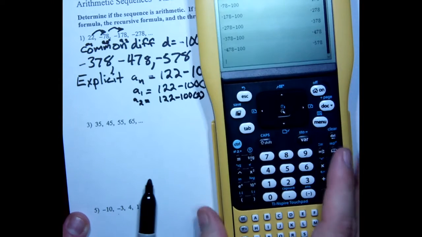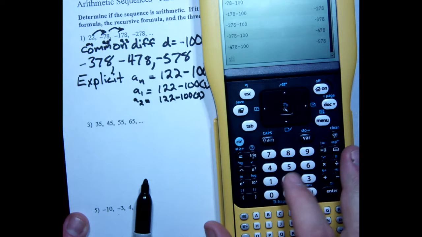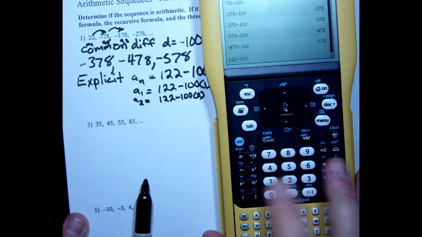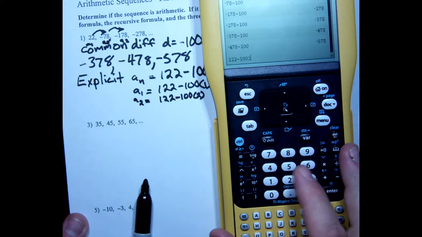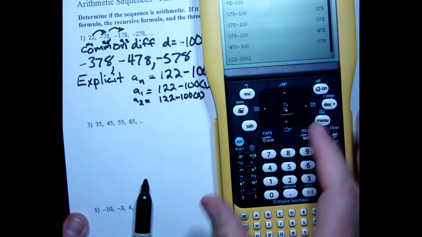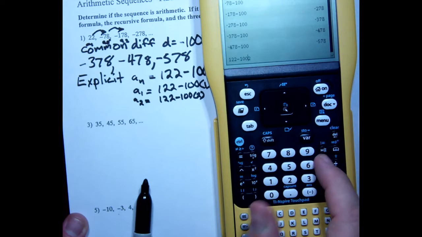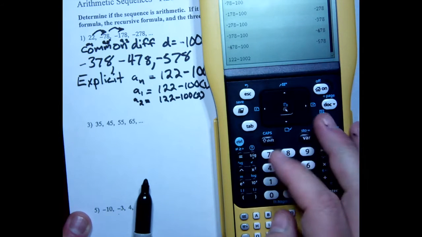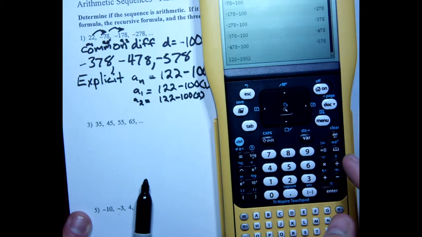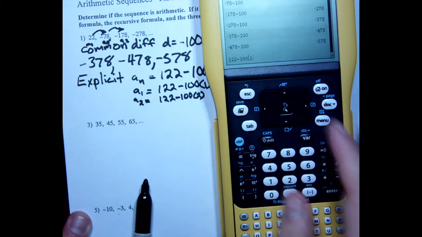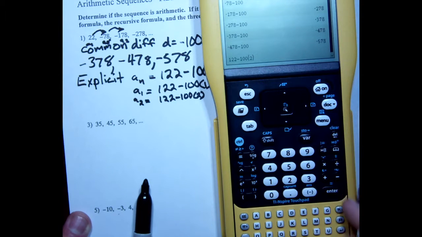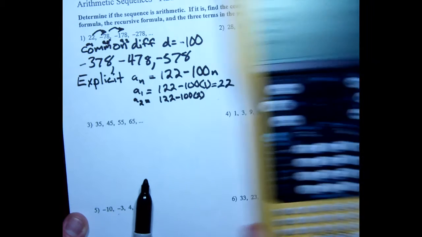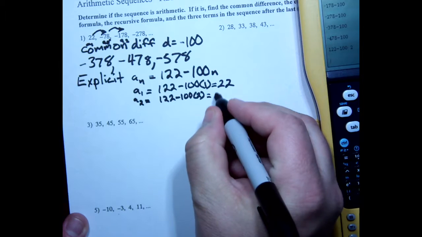But really, if I say 122 minus 100 times 2, whoops, I got to get the times in there, let's just put it in parentheses so we can see it, and then do this. Like that. Guess what I get? I get the second term, which is negative 78. Does that make sense?